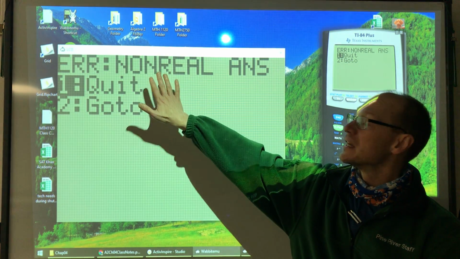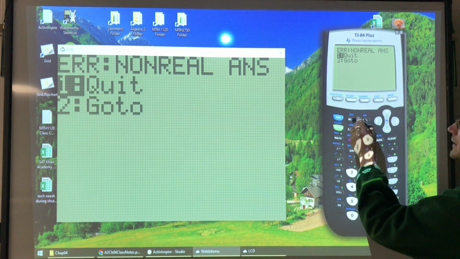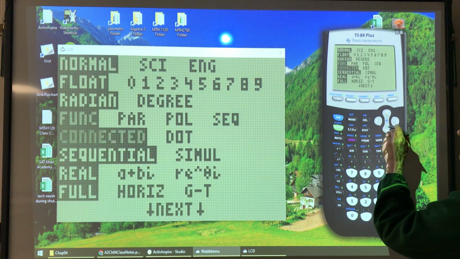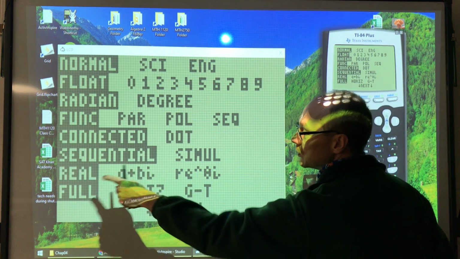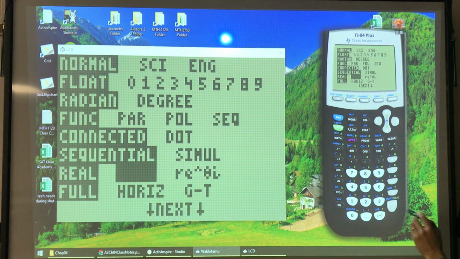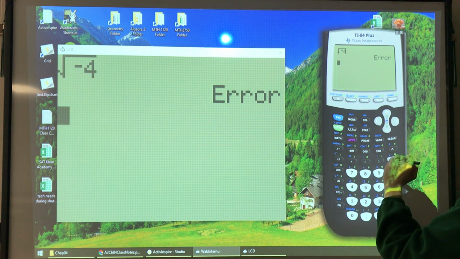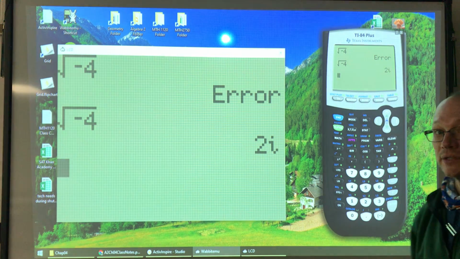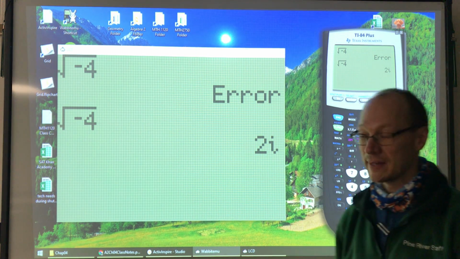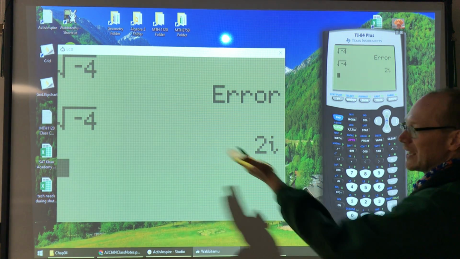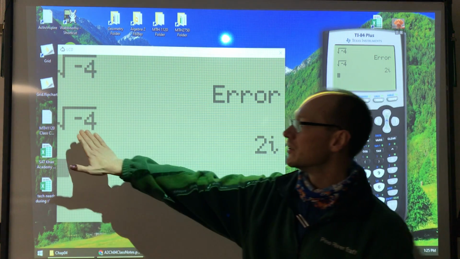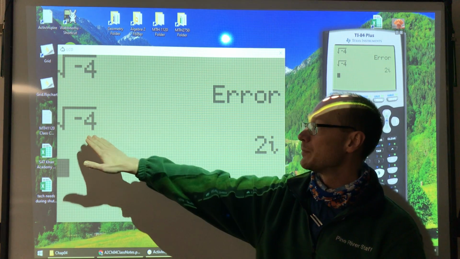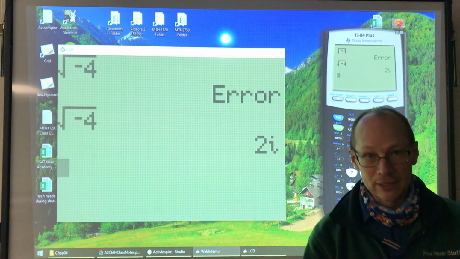But the error is non-real, which means our answer is going to be found not in real mode, but in a plus bi mode, in complex mode. And now, if we type this out again, we see that the answer is 2i. So the calculators can help us out greatly. If you don't have the calculator, the simplification is not difficult. If there's a negative underneath the square root, then there's an i on the outside of it. If the square root of 4 is a perfect square, then you have 2, and you've got it done.